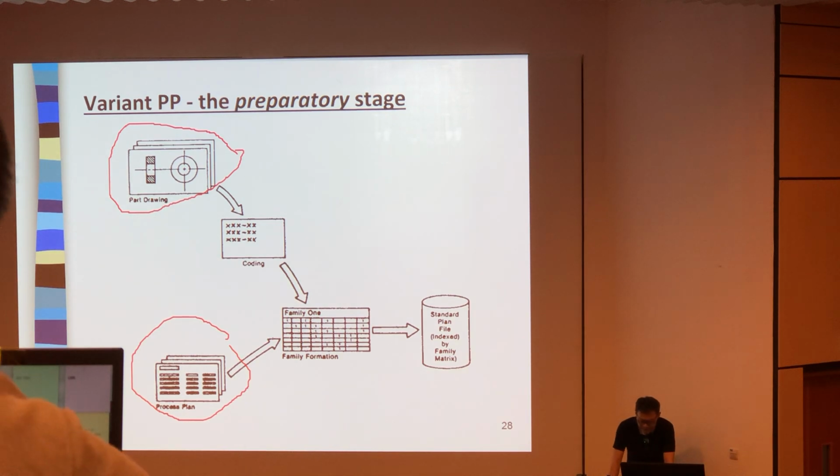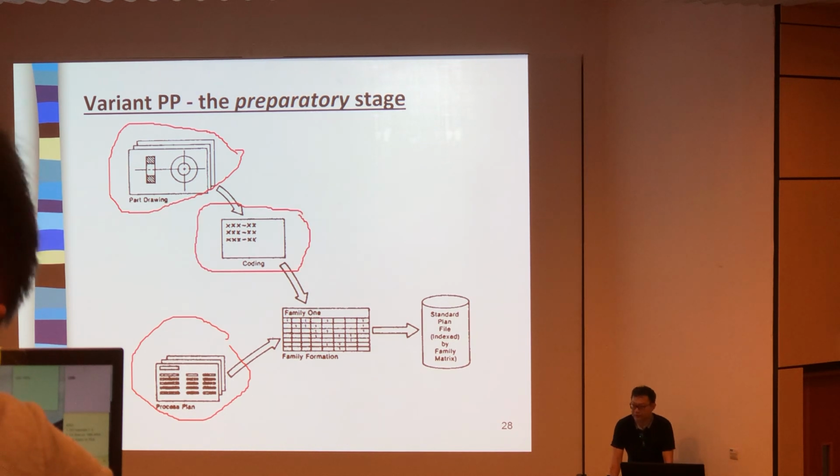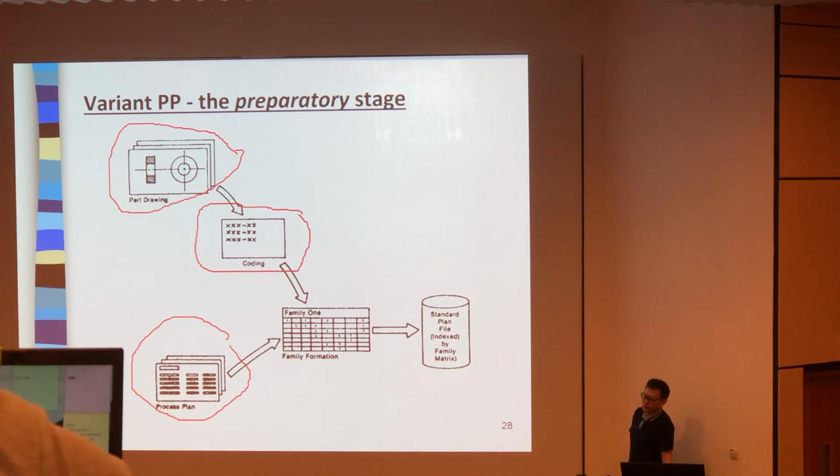And the next one is, you actually need to establish a coding system to code every part. And this coding system is just like the one described in the topic for group technology.